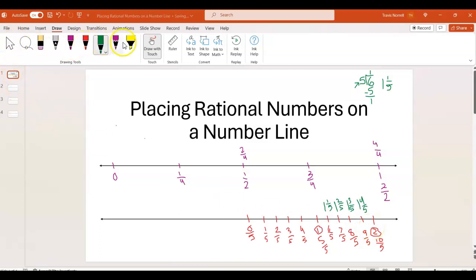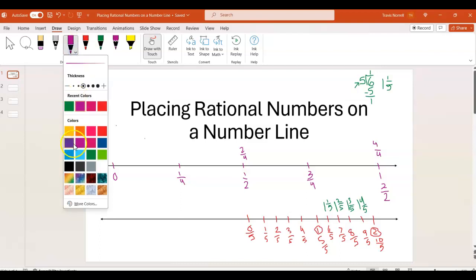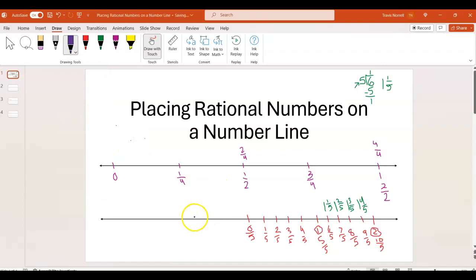But see, all of this is mirrored in the negatives as well. Let me change my color again. Here is negative 1 whole. Negative 2 wholes. Well, I have negative 1/5, negative 2/5, negative 3/5, negative 4/5.